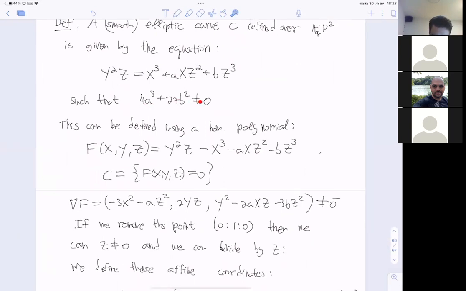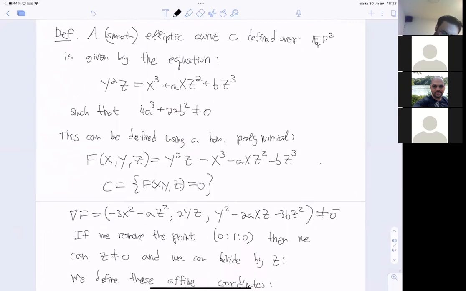Why did we have this condition? First, I didn't say that the characteristic of F_q is just the prime number from which we started.